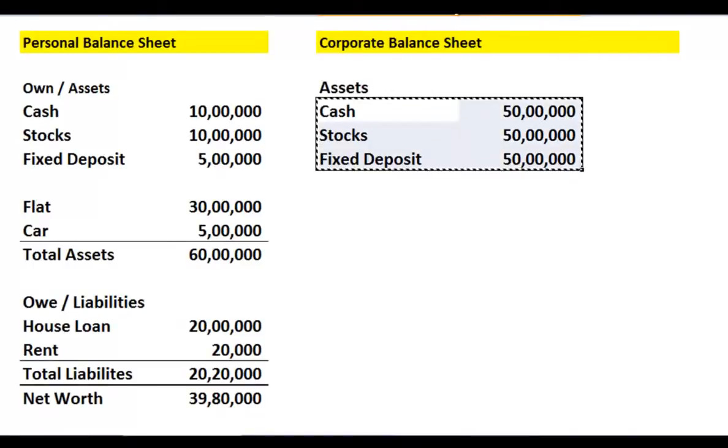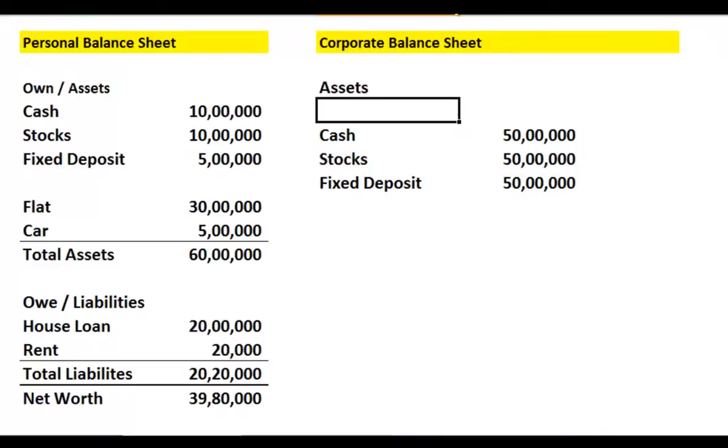Now, since we are getting technical, the kind of assets that are liquid in nature. When I say liquid in nature, either you have the cash already in the bank account, or you could just sell the stocks or just break your fixed deposit and get your cash immediately.